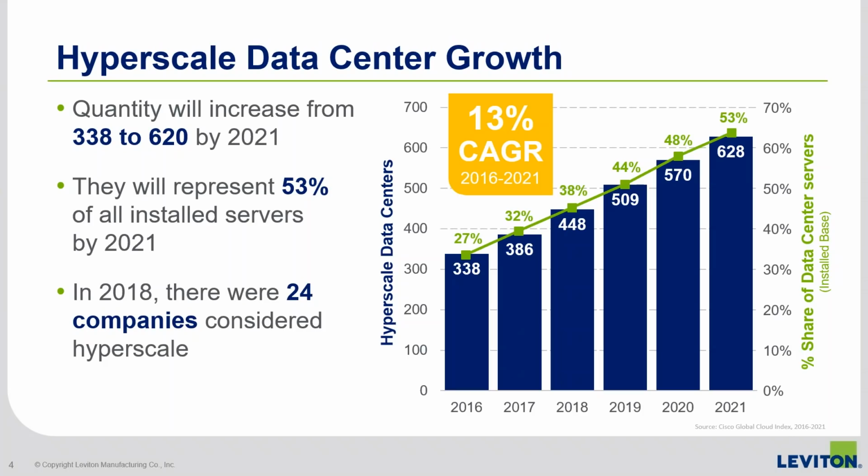This chart shows the number of data centers and the growth over time, and the bar shows the percent share these companies have of total installed servers. In 2016, they accounted for 27% of the installed server base. The forecast is that in 2021 they would account for over 53% of installed servers. So these guys are driving the volume and driving the market, and everybody else will end up following. Some good data points there.